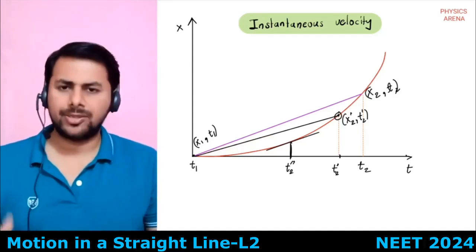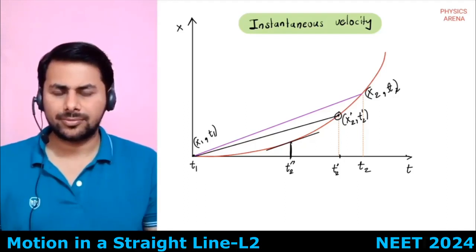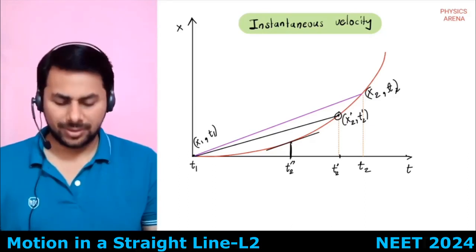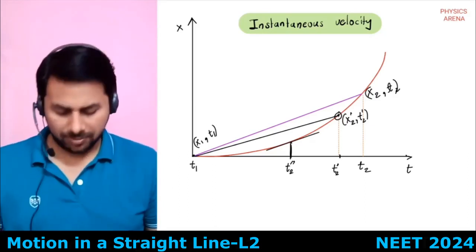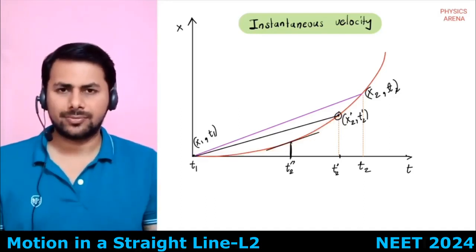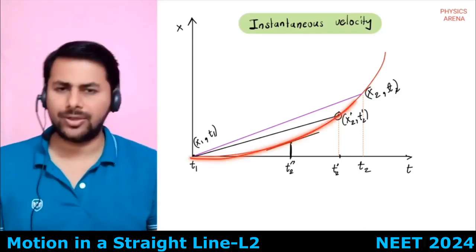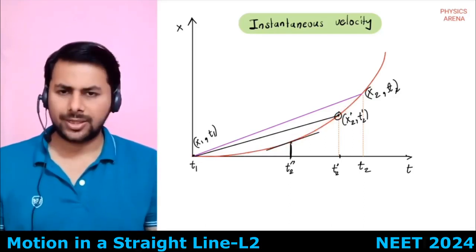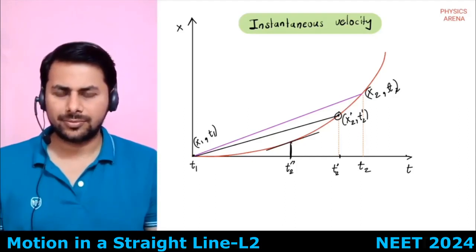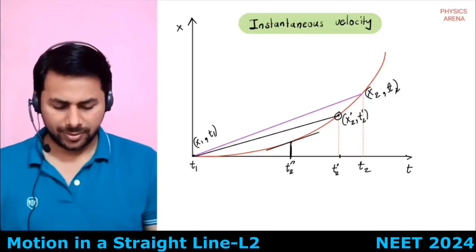So if I take the slope of this line, what will be the slope? It will be the velocity of this object from t1 to t2 dash, right? It will be the velocity from t1 to t2 dash. Okay, yes or no? Yes, sir.